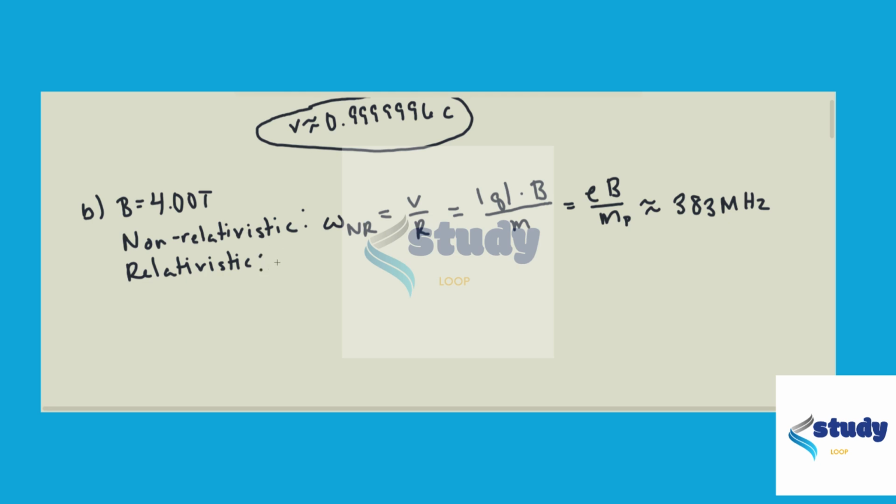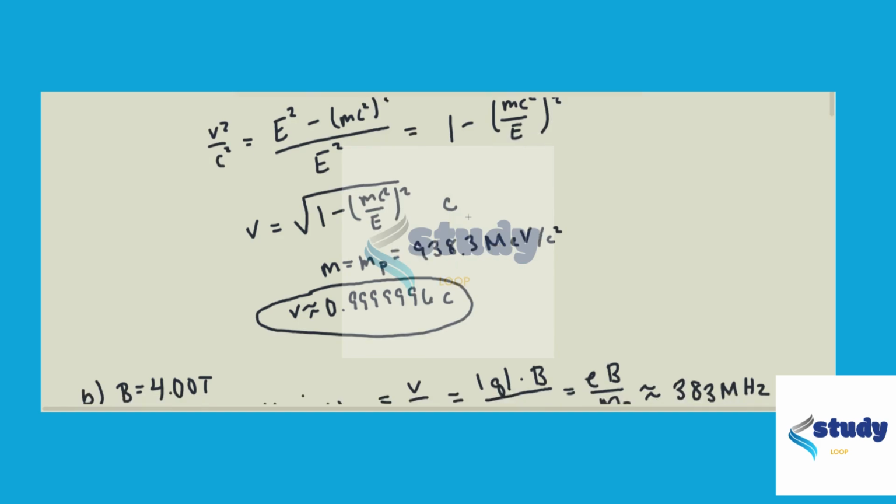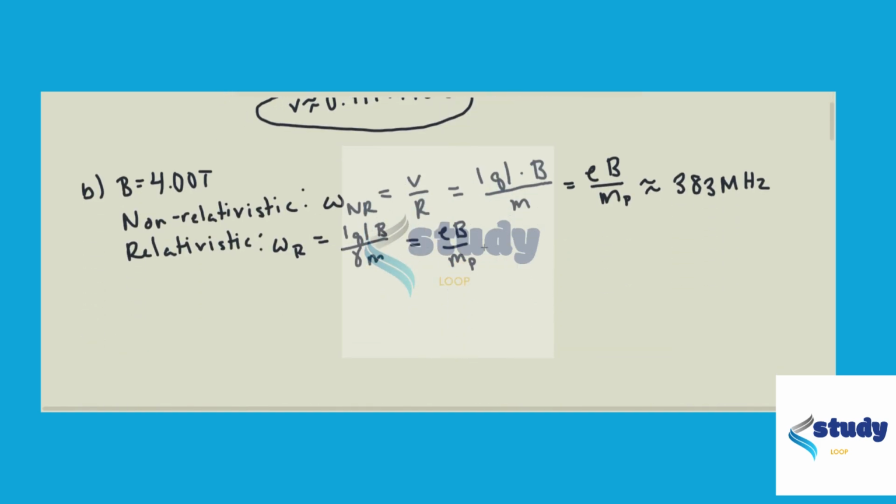The relativistic expression is slightly different. It is going to be equal to the charge times the magnetic field over gamma times the mass, which is eB over m_p. And then for the gamma factor, we can use the same thing that we had from part A, where it's E over mc squared.